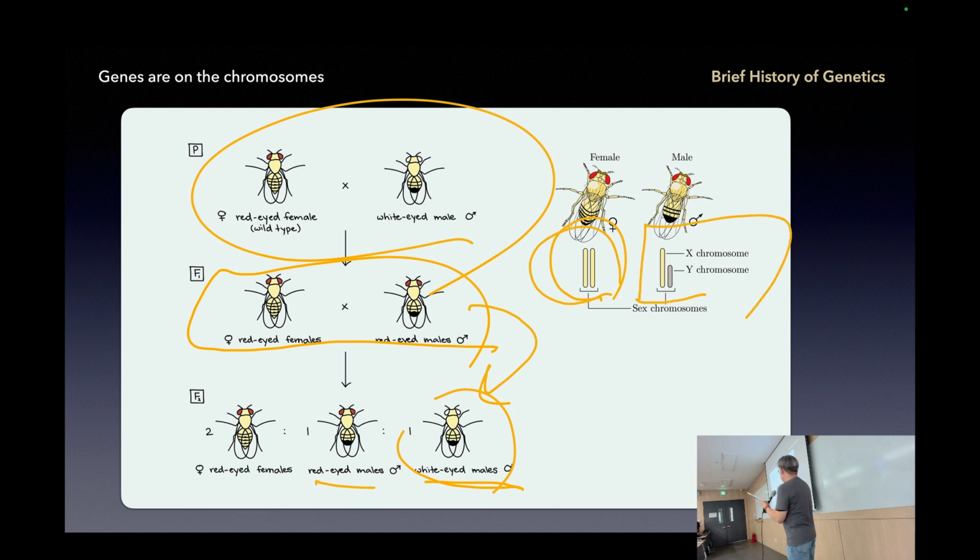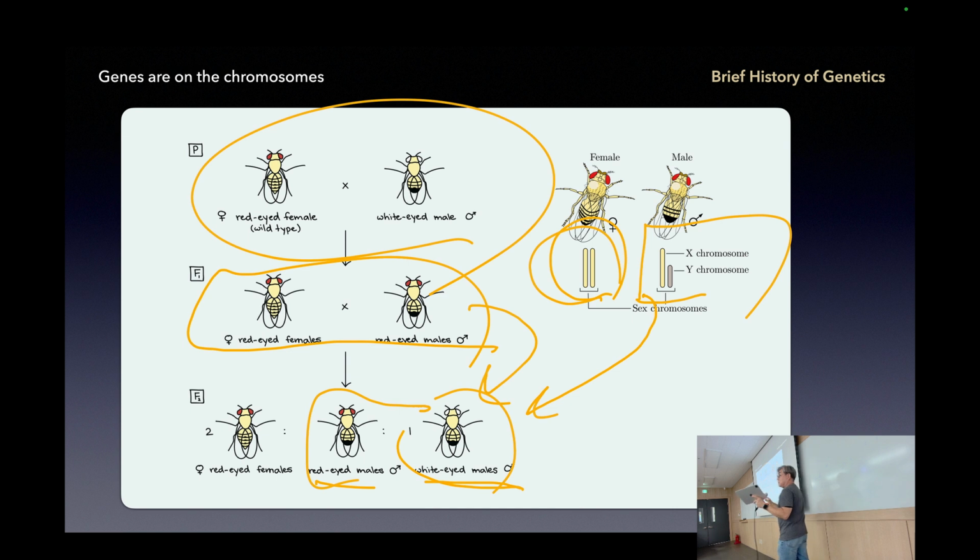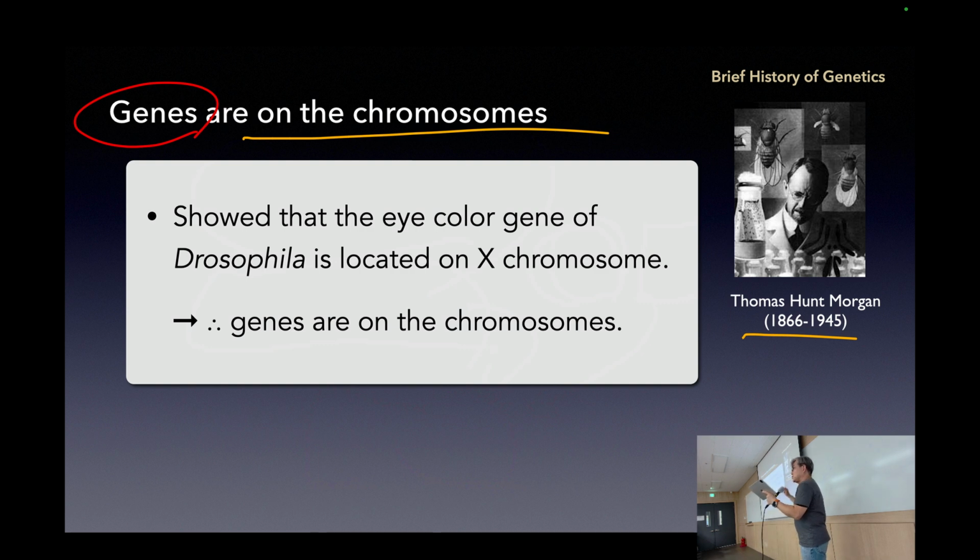Males have one X chromosome and one Y chromosome. Similar to human, the Y chromosome is physically quite different from the X chromosome, so you can distinguish it. And this strange outcome can only be explained if the mutant gene was located on the X chromosome. So the conclusion was solid.